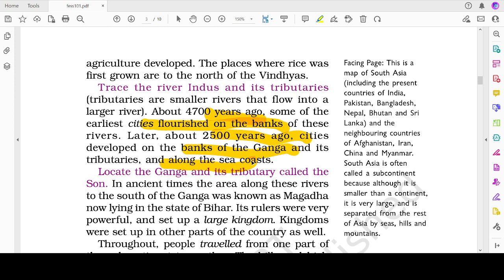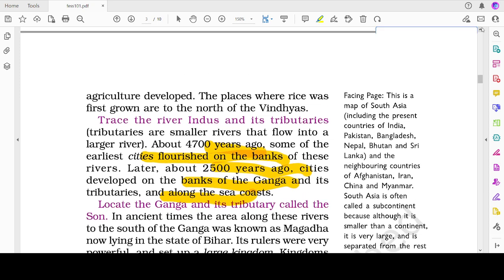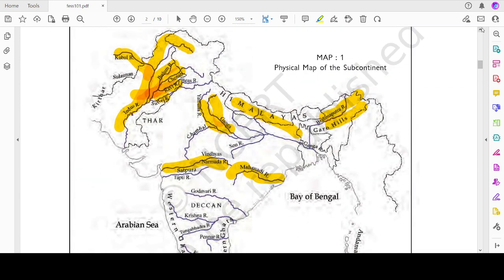Now we can locate the Ganga and its tributary called the Son river. Here is the Ganga river and here is the Son river. The Son river is a tributary of the Ganga, joining the main Ganga river. Even Yamuna is also a tributary.